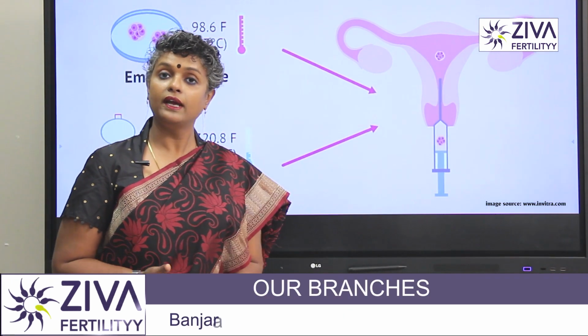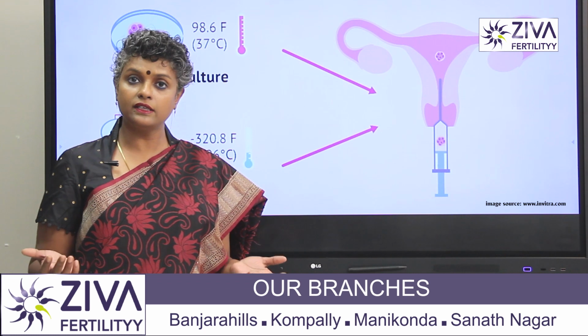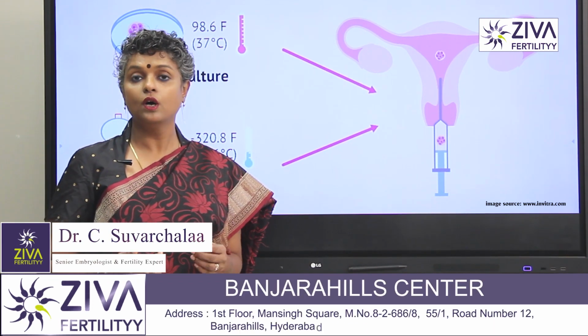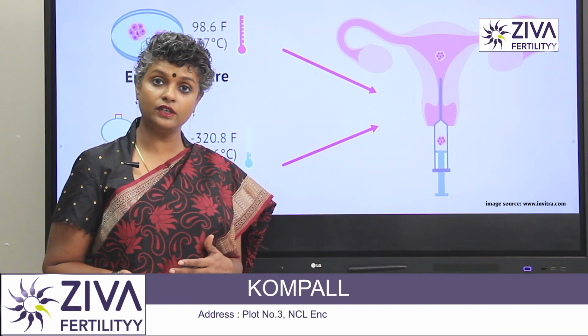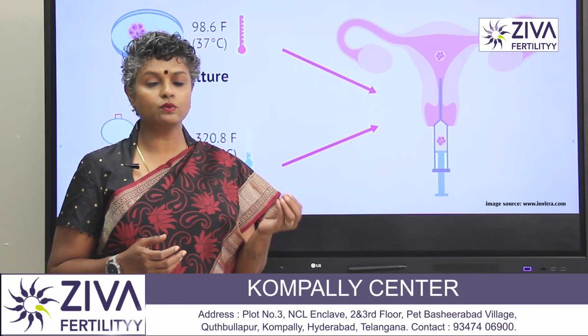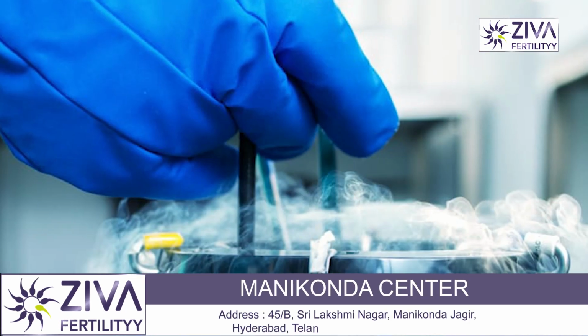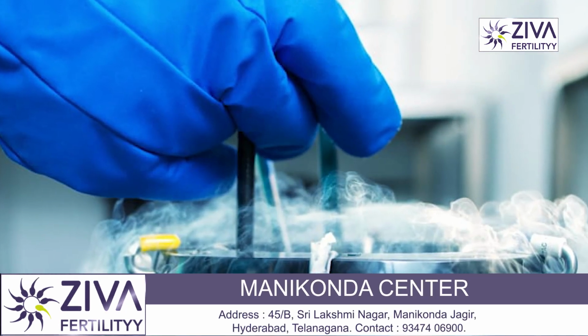Now there may be extra embryos. You may give 8 eggs, out of which you may make about 5 to 6 embryos. All 5 to 6 embryos are not transferred into your uterus. 2 or 3 are transferred based on the quality and the stage of your embryo, and the rest are frozen. Frozen embryos are also competent.